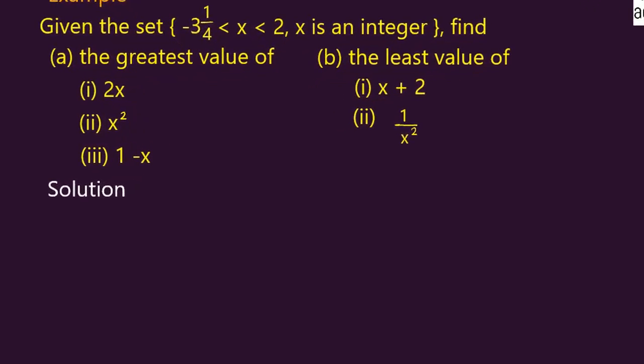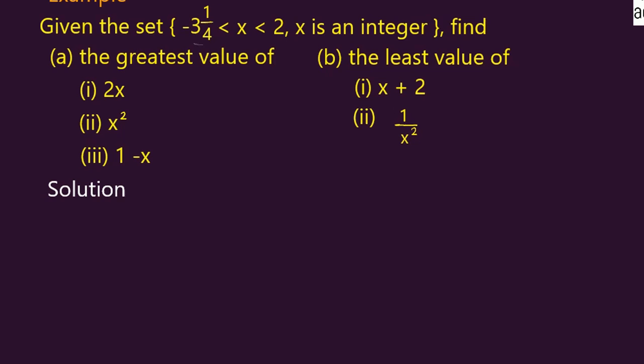The first thing here for us is to write down the values that are in the set. These are integer values. If you look at the set right here, x is an integer, and the values of x range from -3¼ to 2. So what we do here is just list down the integer values within this range.